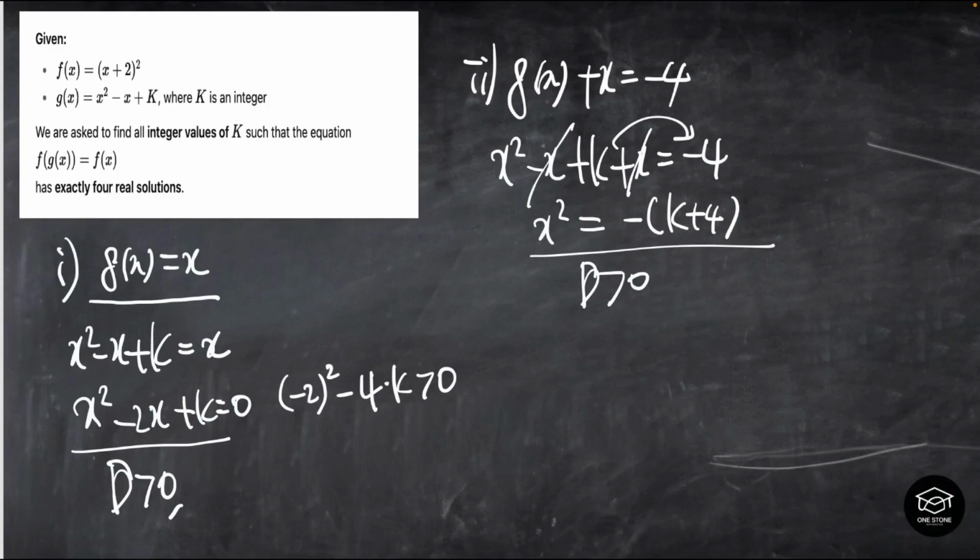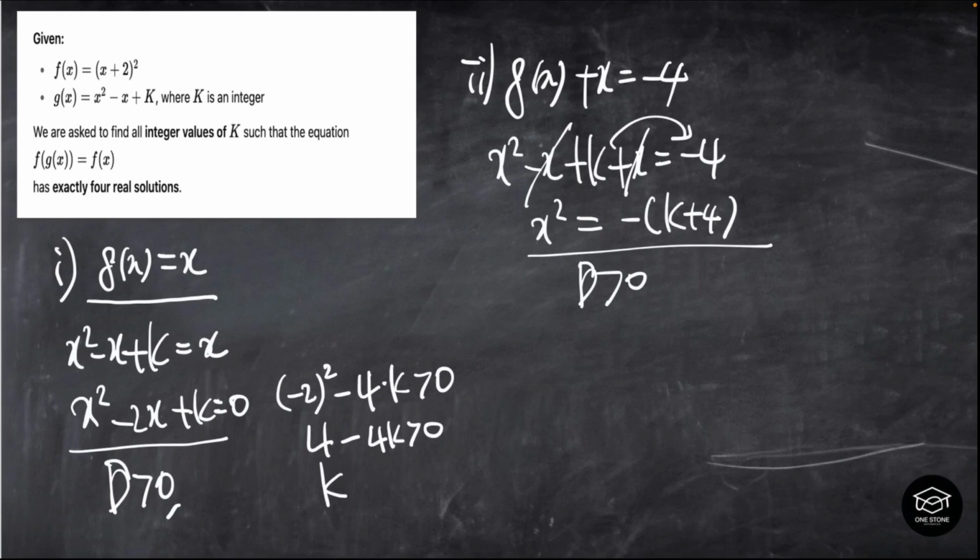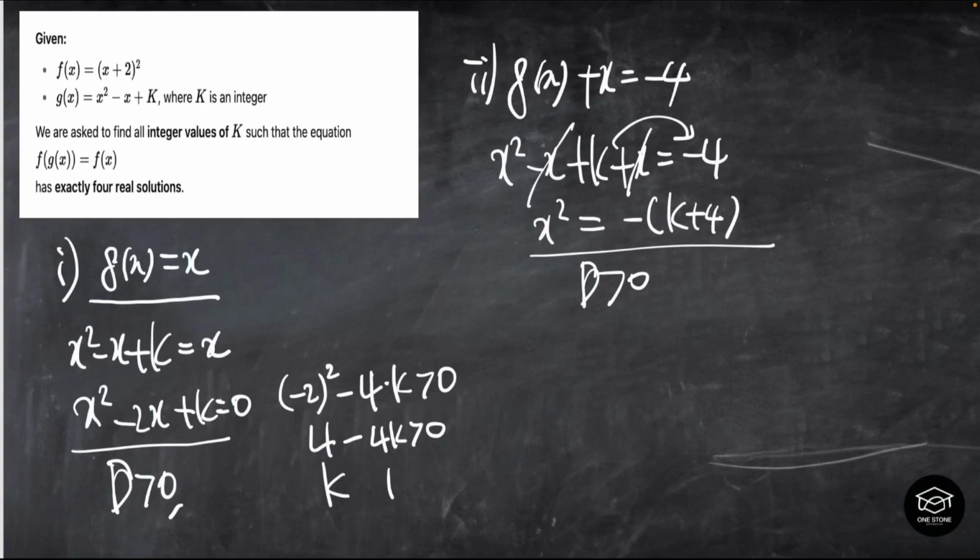So the discriminant becomes (−2)² − 4·1·k, which simplifies to 4 − 4k. For this quadratic to have two real solutions, we need the discriminant to be greater than 0: 4 − 4k > 0. Divide both sides by 4: k < 1.